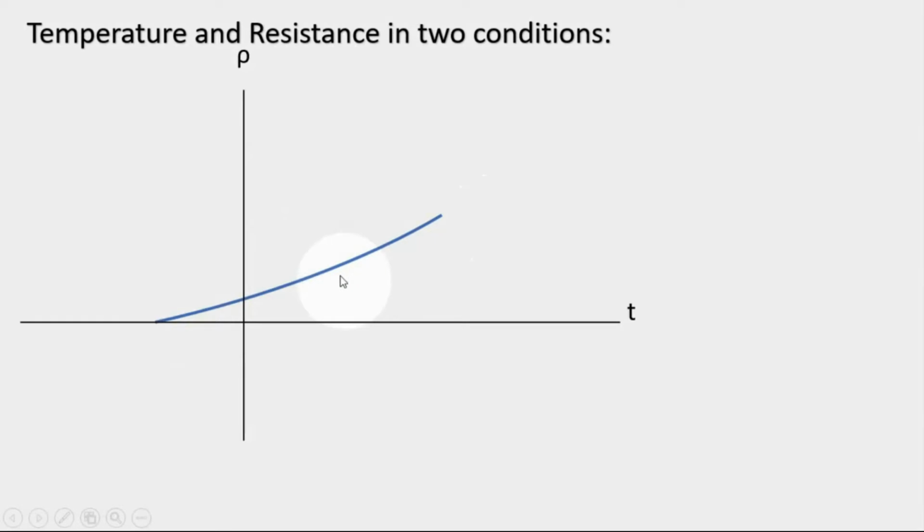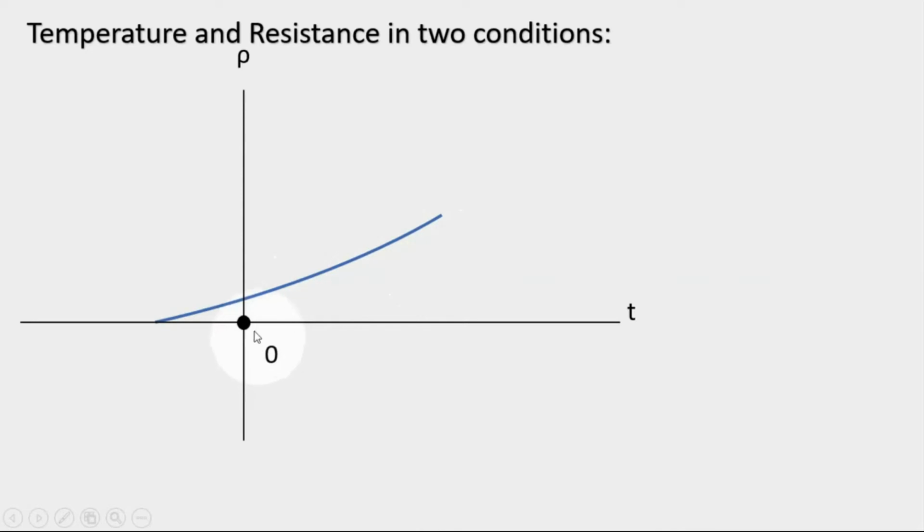It is somewhat a straight line, but it is actually a curve. That is how temperature and resistance relate. As the temperature rises, so also the resistivity. If it goes down, so also the resistivity will go down, so they are directly proportional.